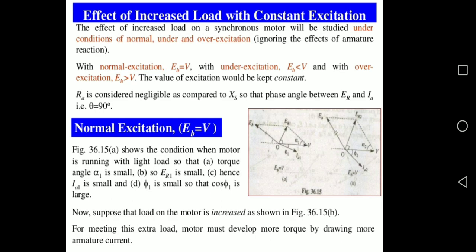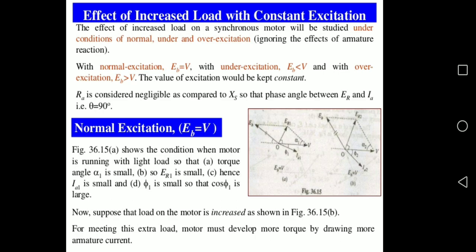The torque angle or the load angle alpha is the angle between the back EMF and supply voltage. When the load and losses are 0, alpha is 0. But in lightly loaded condition, alpha is small, that means the load angle, or the torque angle, is small.